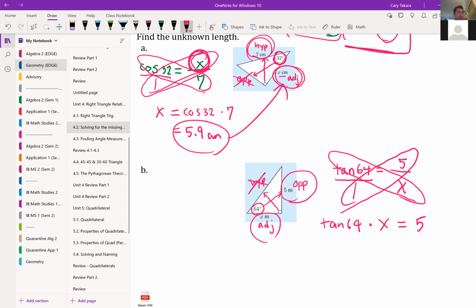So let's try that. 5 divided by tangent of 64, and you get 2.4, in the right mode. So you will get 2.4 meters.